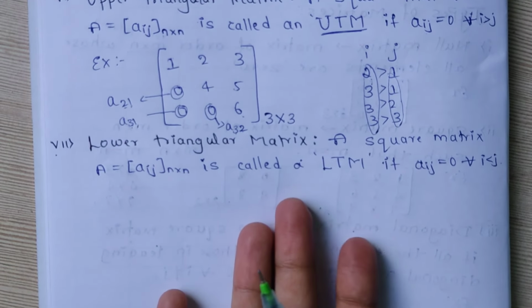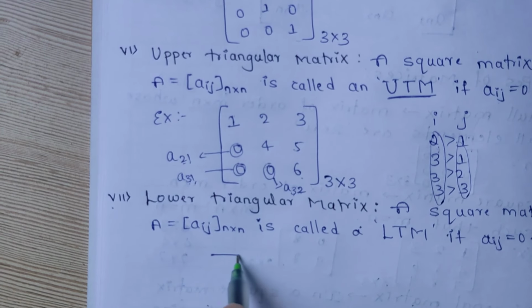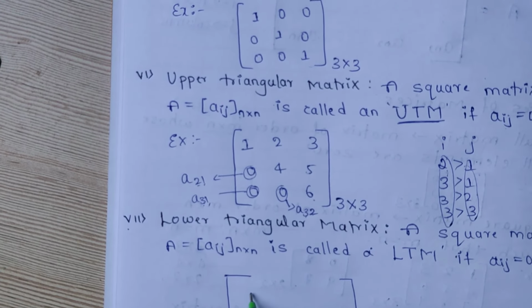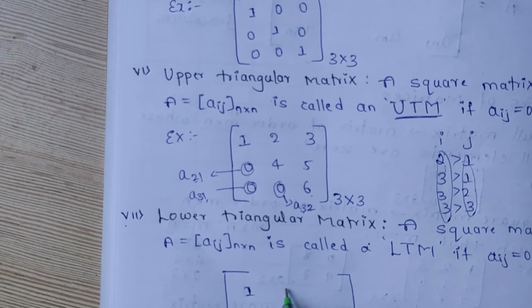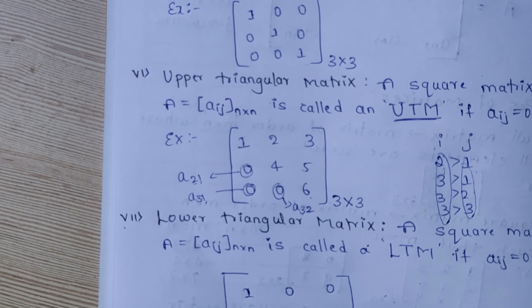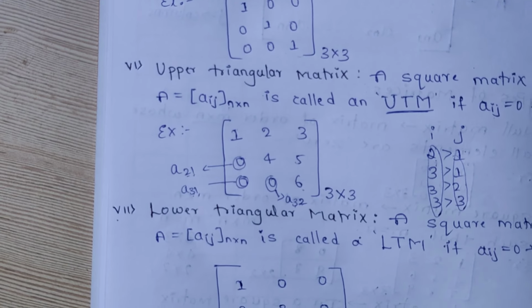Lower triangular matrix is the opposite of the upper triangular matrix. So for example, 1, 0, 0, 2, 3, 0, 4, 5, 6.